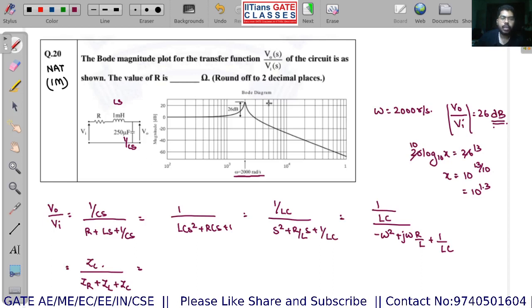ZC is basically 1 by J omega C. So this is minus J, omega is 2000, so 2 into 10 to the power 3, into the value of C, 250 microfarad, so 250 into 10 to the power minus 6. So 1000 will go up and this is 500. So this will be minus 2J. So ZC is equal to minus 2J.